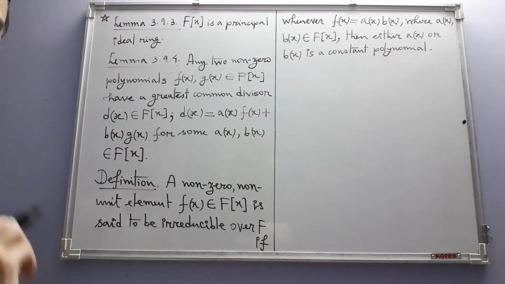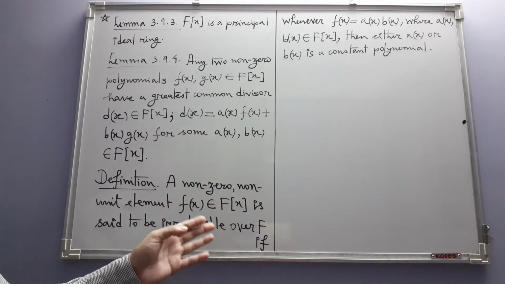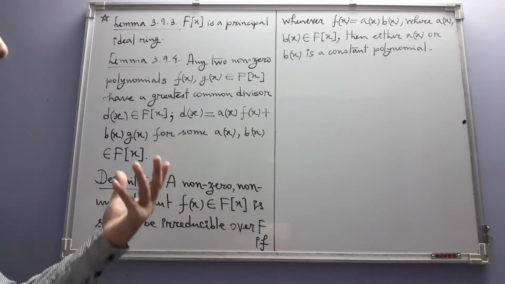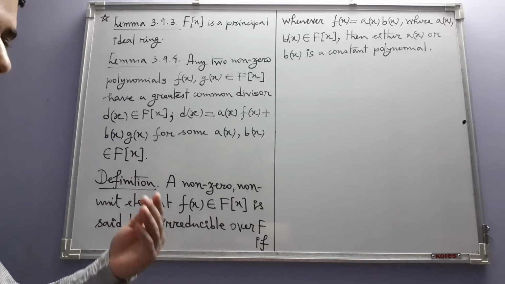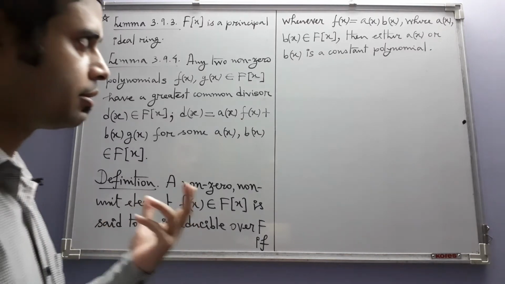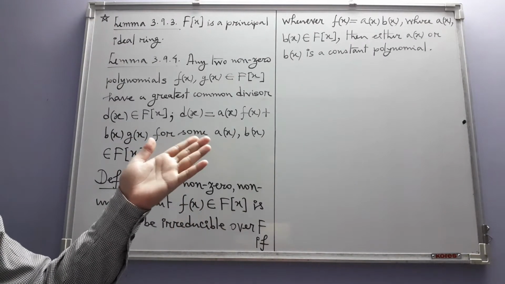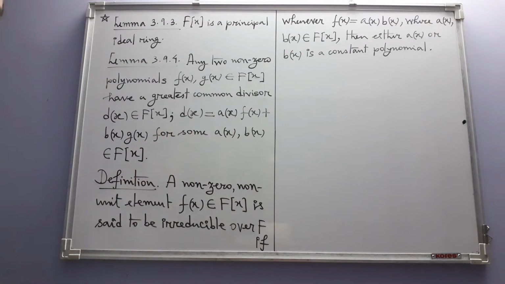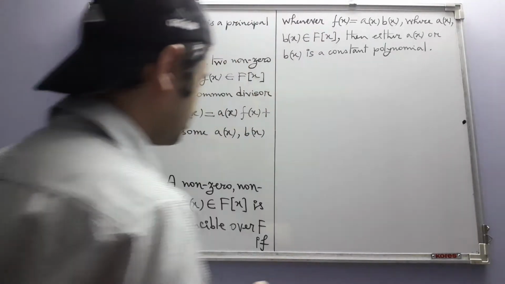So since a(x) is constant, its degree is 0, so b(x) will have the same degree as f(x). That means we are unable to write an irreducible polynomial as a product of two polynomials of smaller degree. That's the point. So that's what trivial factorization means in this case. So that is the definition.